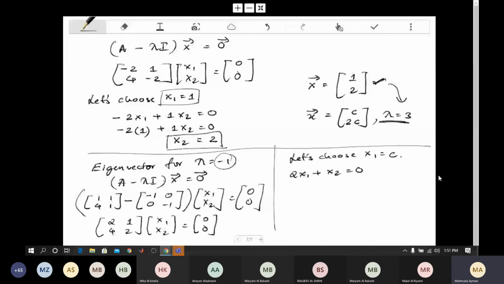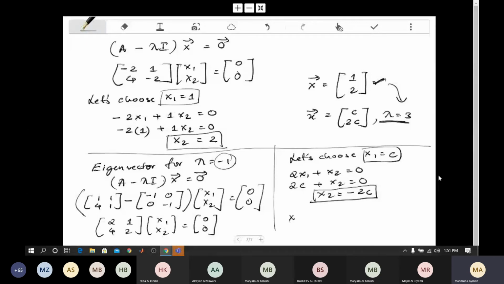So we know that x1 is c, so 2 times c plus x2 is equal to 0. Now x2 is equal to minus 2c. So we took x1 as any constant c and we took x2 as minus 2c.